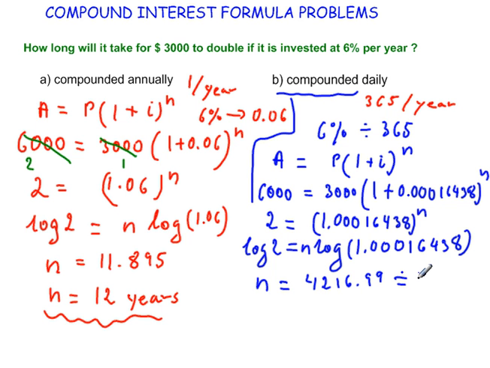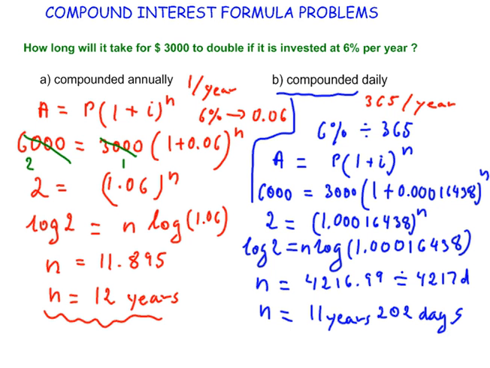But we're not going to say that for the value to double, you have to wait 4,217 days, because that number does not really mean much to the average person. You would have to convert into years and then remaining days. So 365 goes into that 11 times, so 11 years, and the difference 202 days.